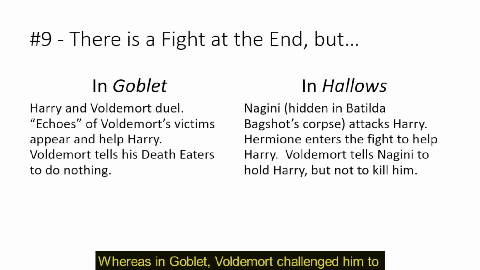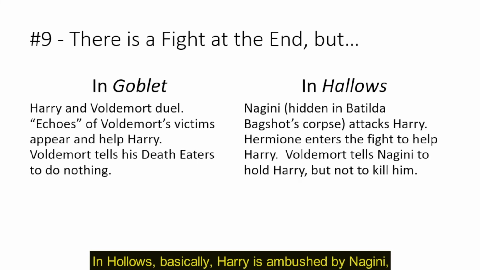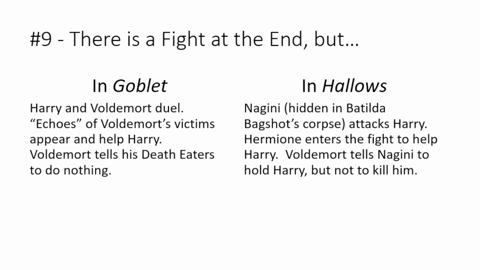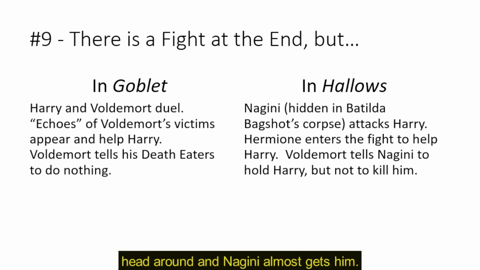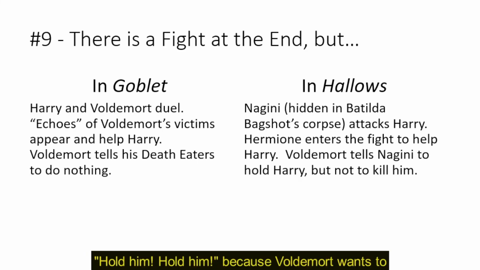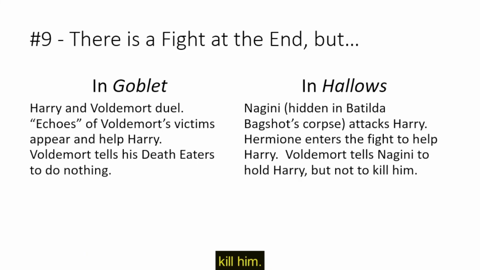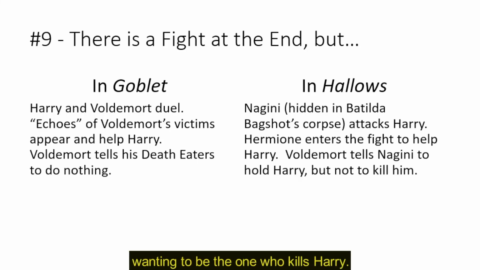Whereas in Goblet, Voldemort challenged him to a duel, in Hallows, basically, Harry is ambushed by Nagini, and Nagini almost gets him. Though again, Voldemort is sending orders to Nagini, hold him, because Voldemort wants to kill him. Obviously, Voldemort has a real thing about personally wanting to be the one who kills Harry.